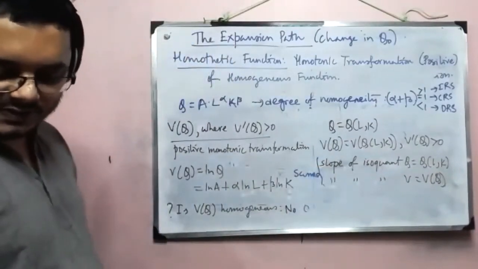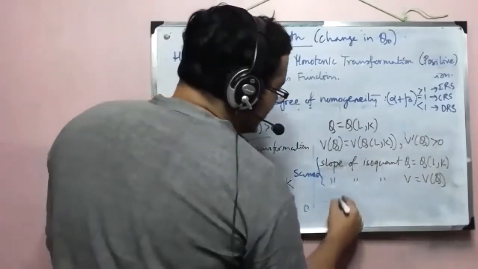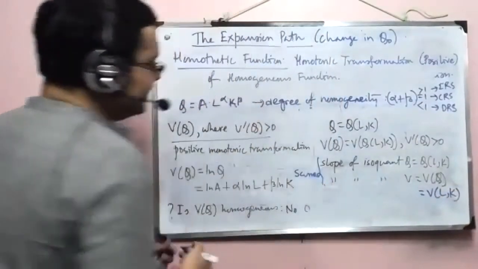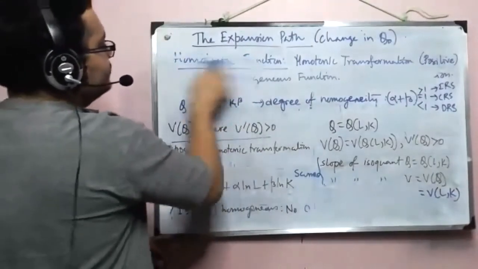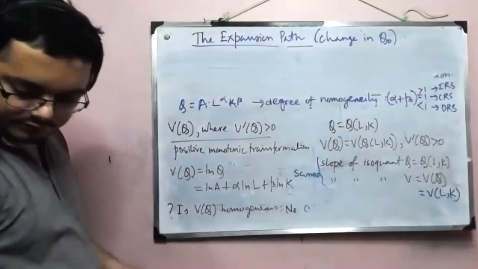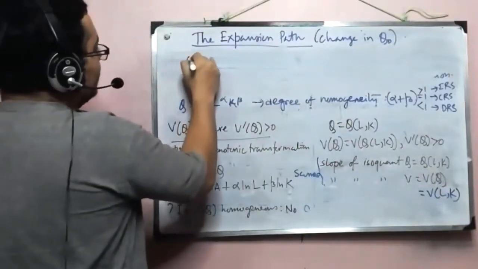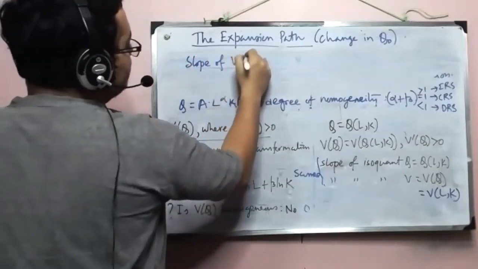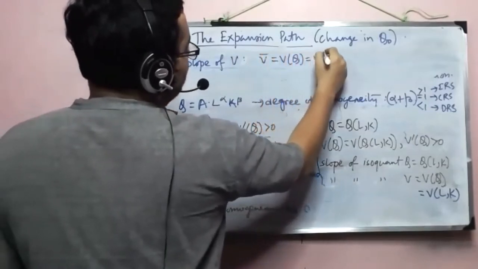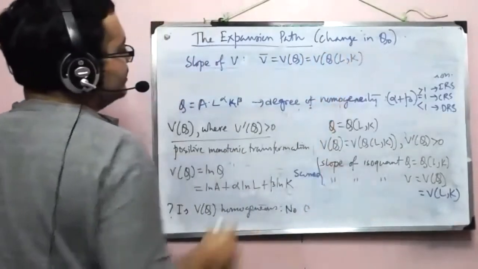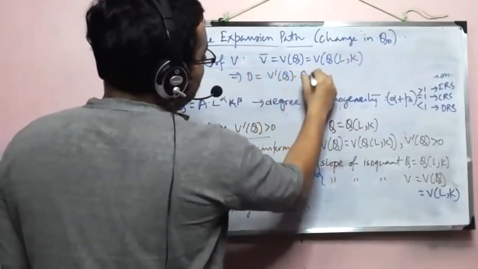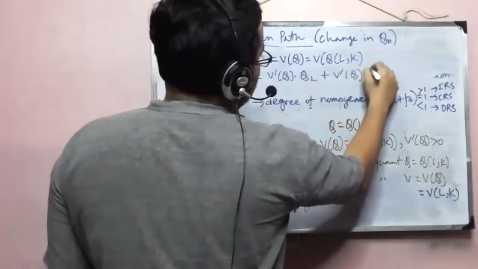And that's very simple to observe. Why? Because V is, at the end of the day, a function of L comma K. So the slope of V can be calculated from the equation V bar equal to V of Q, which is V of Q of L comma K. Now if I differentiate, this will become 0 and this will become V dash Q QL plus V dash Q QK.